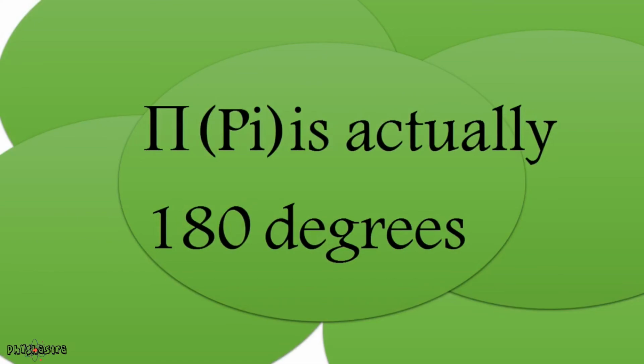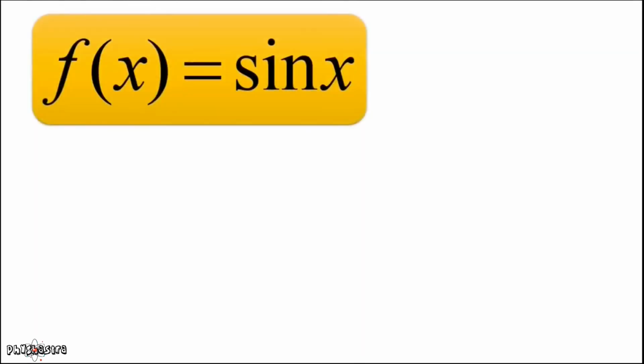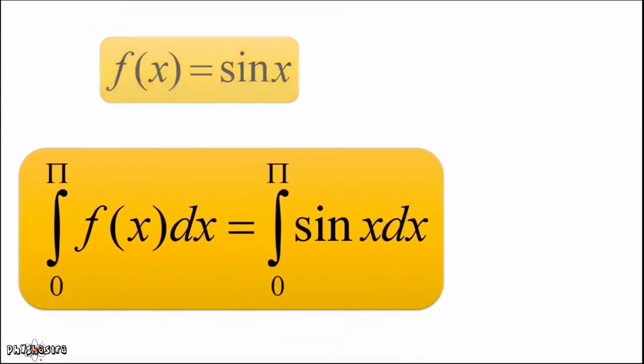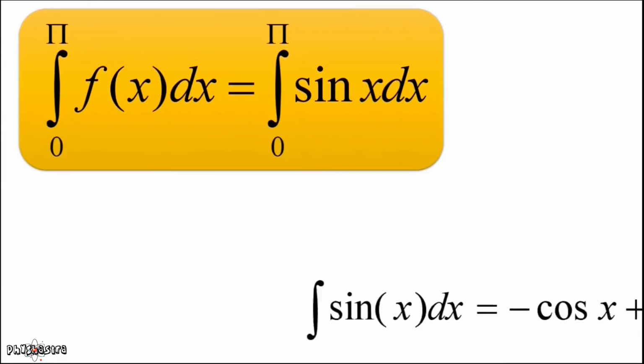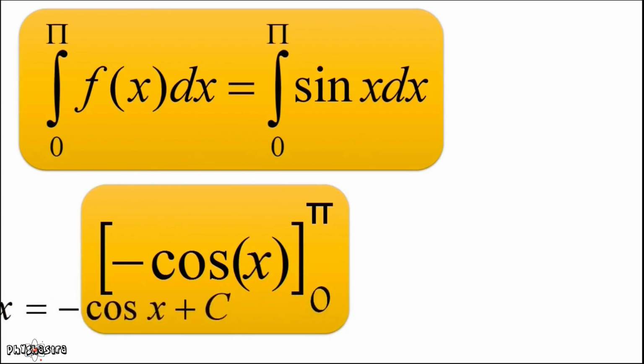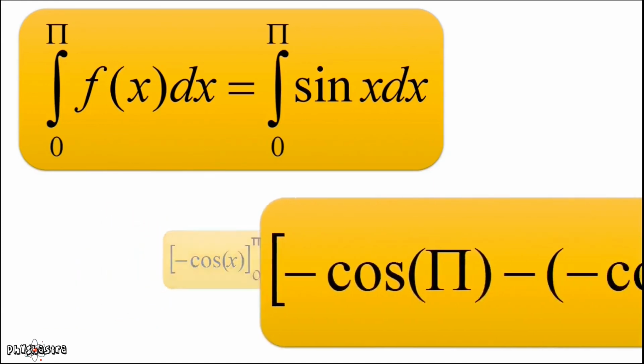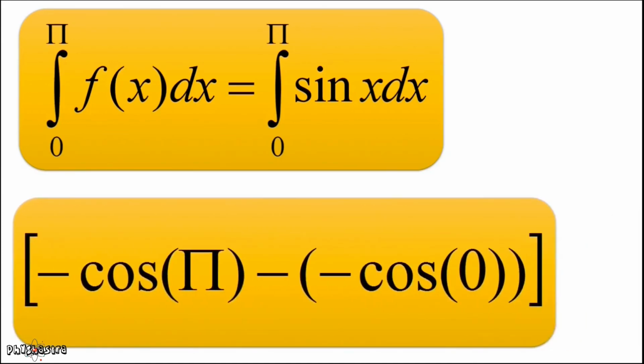The pi is actually 180 degrees in radians. We find the integration of sin x within the limits of 0 and 180 degrees. We know that the integration of sin x is negative of cos x. So we write the limits on the right hand side. The method is to first substitute the upper value in x, then the lower value, and subtract them.